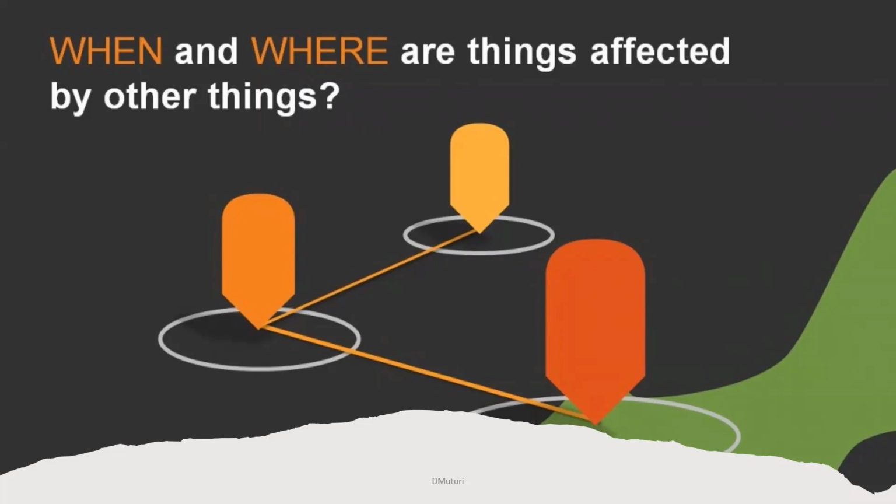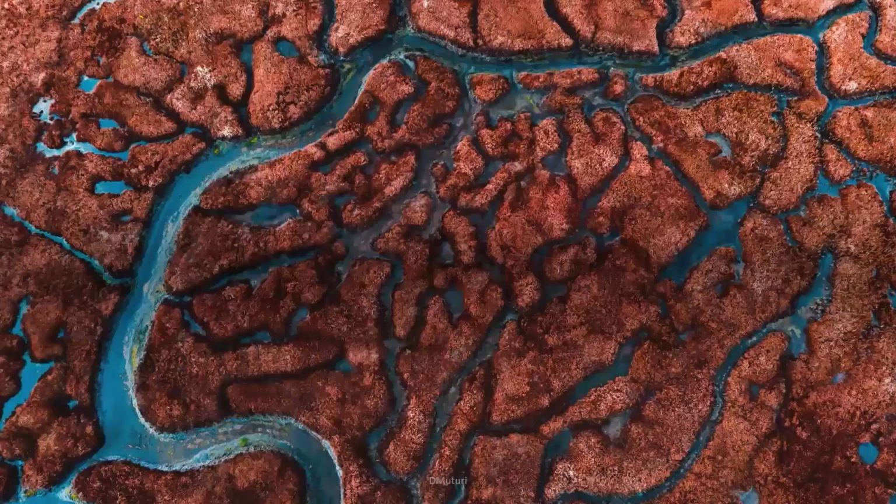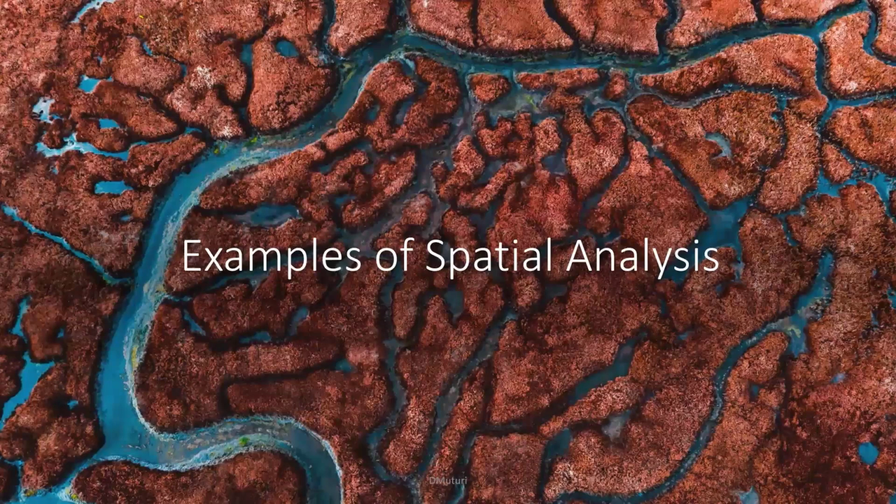We had just begun here, and this is where we are going to start today. I want us to take a few minutes and look at different use cases and examples of spatial analysis that you can conduct.